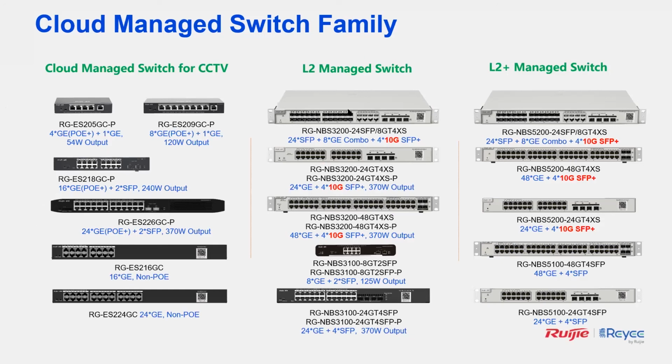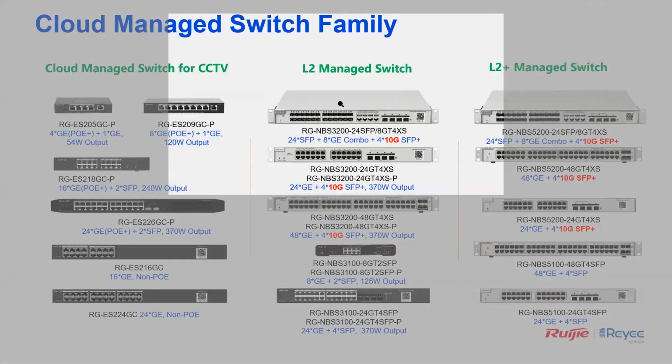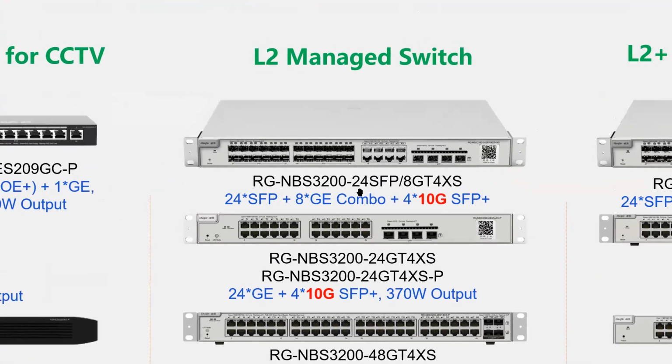With the NBS 3K, this is a layer 2 switch, similar to 1920. But we have two options. 31 means 1 gigabit uplink, and 32 means 10 gig uplink. And now we have a fiber switch. The top one is the 24 SFP fiber switch.